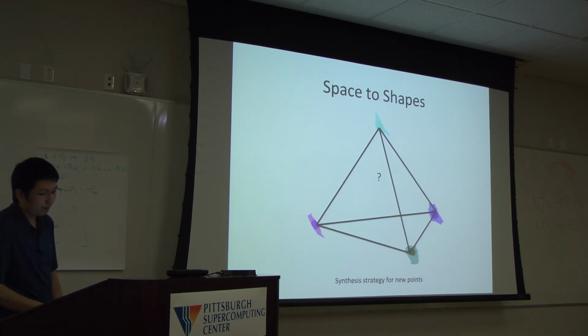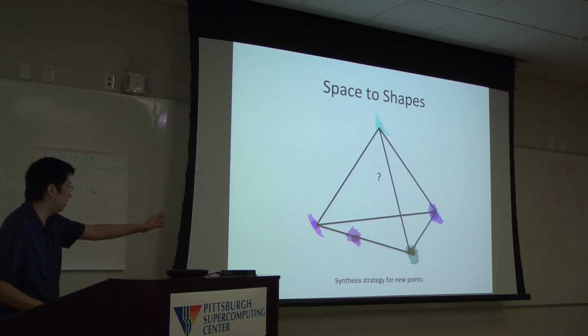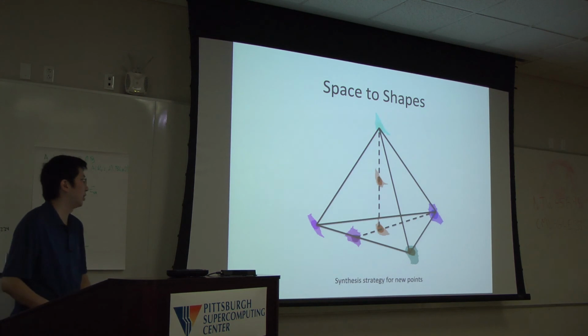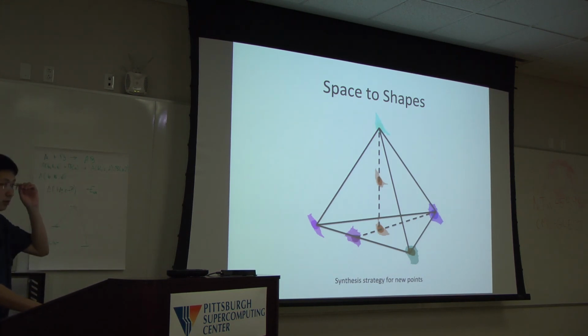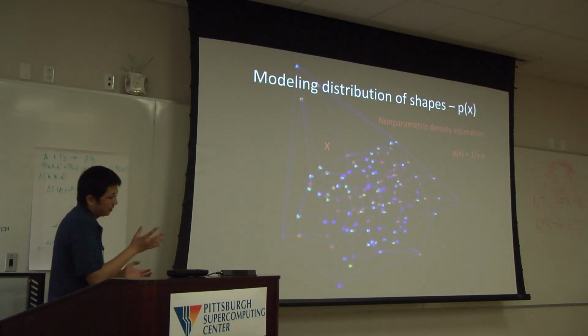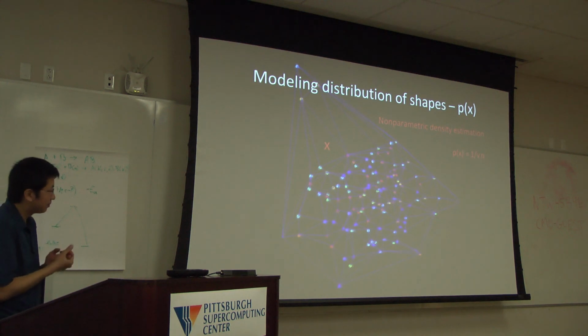So we can first synthesize a shape in between these two cells, and use this shape with another cell to synthesize their shape, and finally we can synthesize the shape in the target location. So this is the basic idea for synthesis.